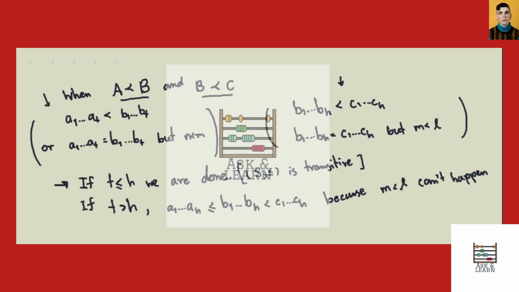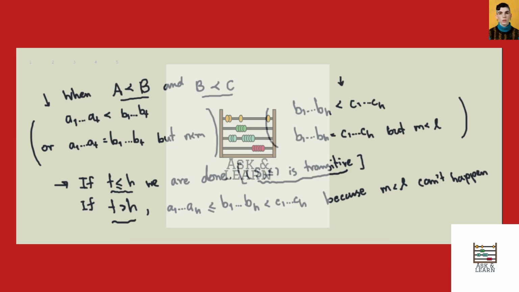First, if T is less than or equal to H, here meaning as just normal integers, then we are done as well, because when this happens, we can directly compare A and C using the fact that its entries are from S, which is transitive because S is a poset. If you are confused about this, you can pause and try to work it out. You will see easily that this is the case.